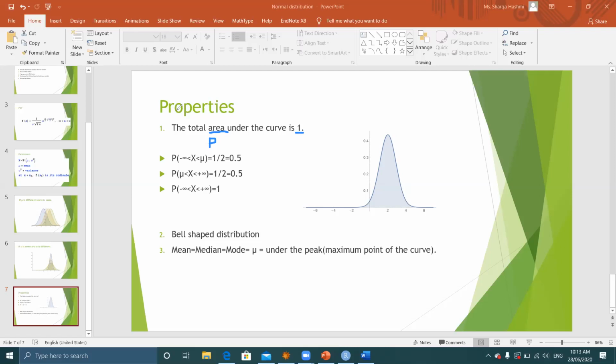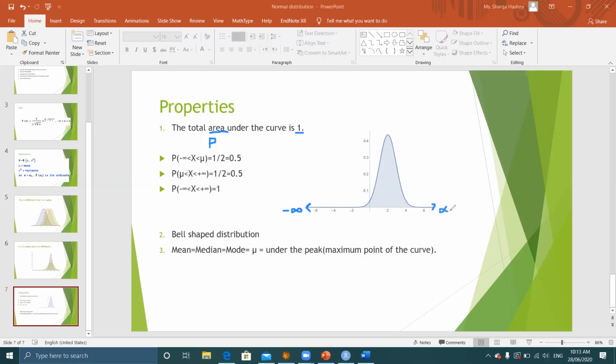And the second property is probability from minus infinity to plus infinity. You know very well that this point on the left side is going to a point minus infinity. So minus infinity exists here, and if we extend x-axis on the right side, it goes to the point plus infinity.